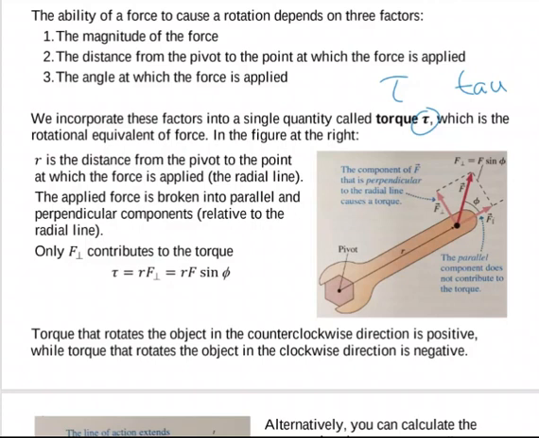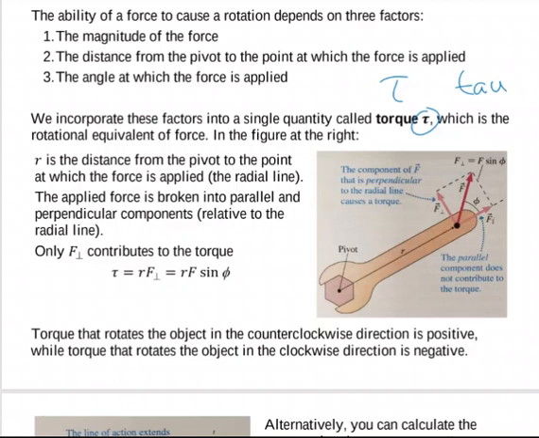So that is the rotational equivalent of force. So formulas that we have that involve force will have sort of a correlation from linear to rotational, and those formulas, the equivalent will use the letter tau.